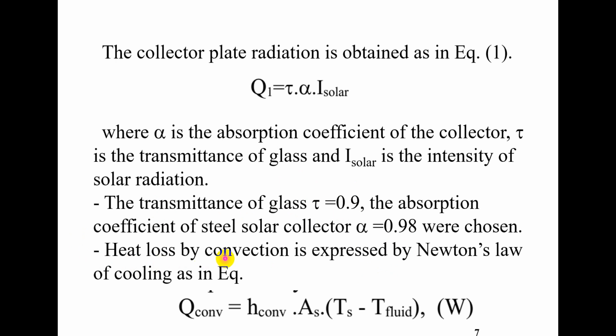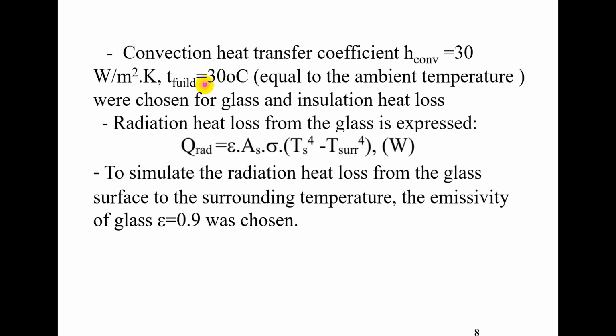And the heat loss is expressed by Newton's law in this formula, and therefore we choose H, the convection coefficient, as 30 watt per square meter Kelvin, and T infinity is 30 degrees, the outside temperature.